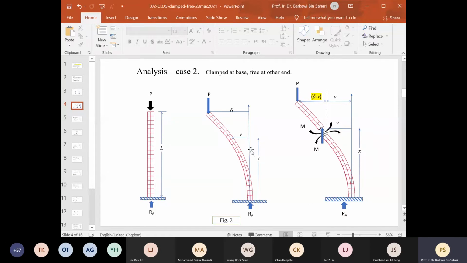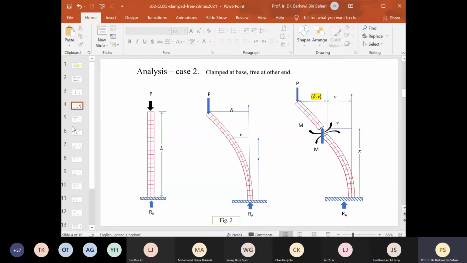Okay, so is anybody not clear on this particular part of the notes? Right, so what we want to achieve or establish is that every part of that column, whether it is in the undeformed or the deformed state, equilibrium is maintained.